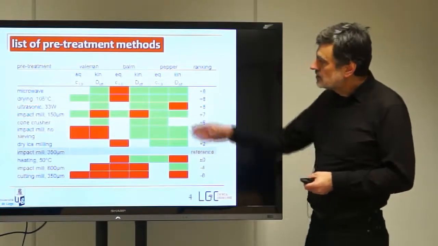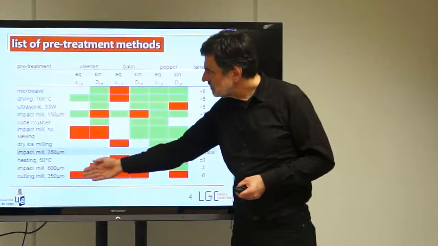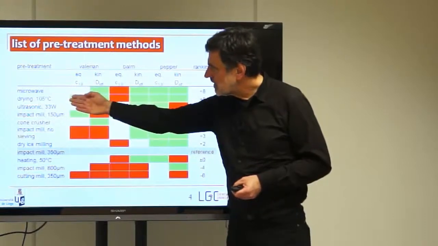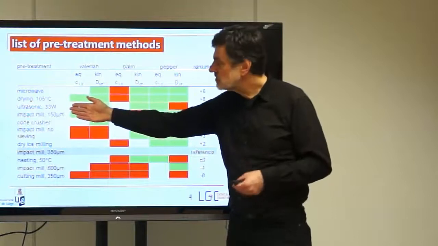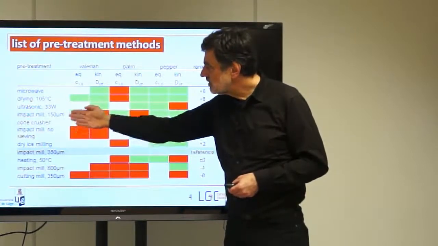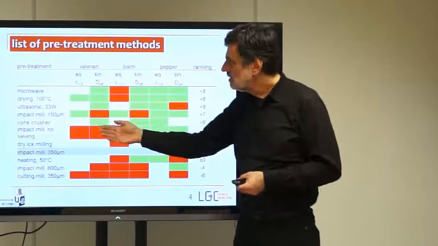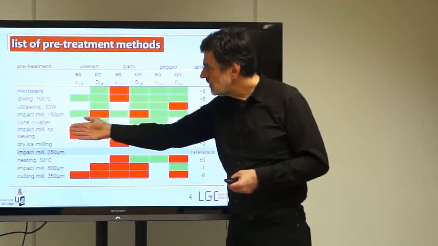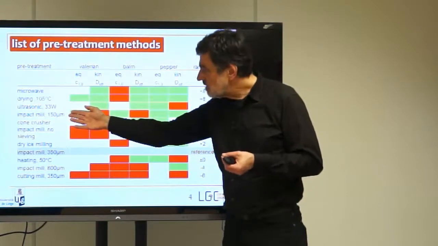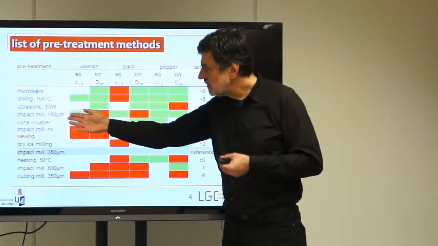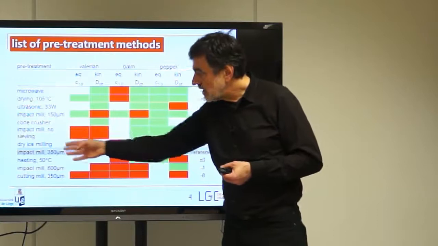What is shown here are different pretreatment methods: microwave pretreatment, drying at 105 degrees C, ultrasonication actually during the extraction process, and then different milling methods, impact mill, cone crusher, impact mill with a given diameter of the particles, then sieving, dry ice milling.